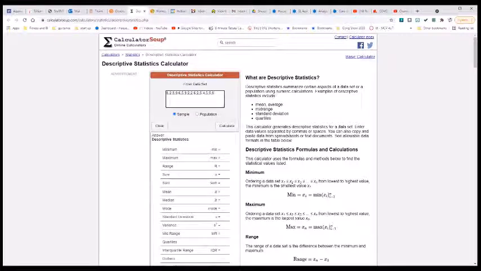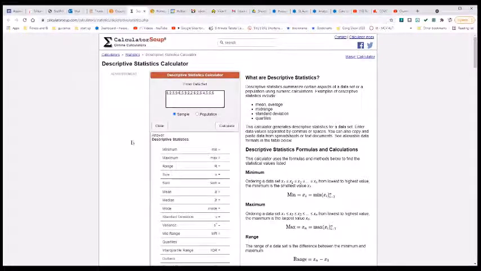Okay, so we put all the data in. You probably want to check just to make sure you have all the data. We've got 2, 4, 6, 8, 10, 12, 14, 16 pieces of data.